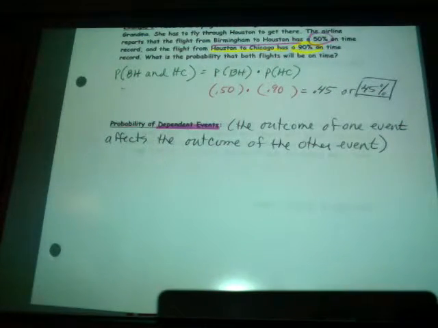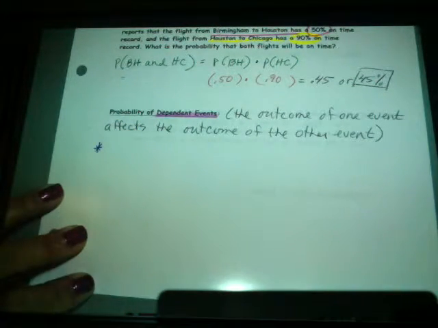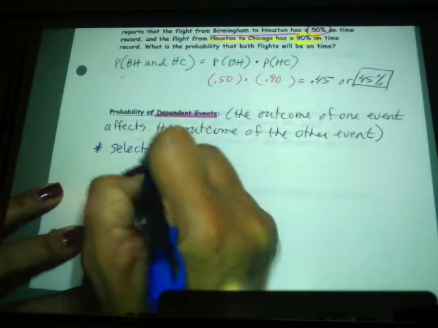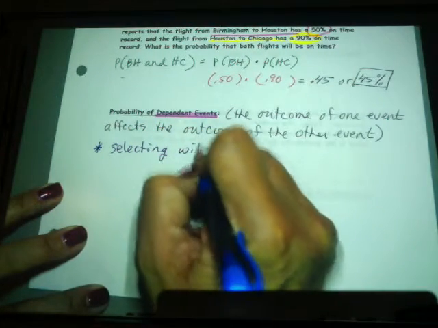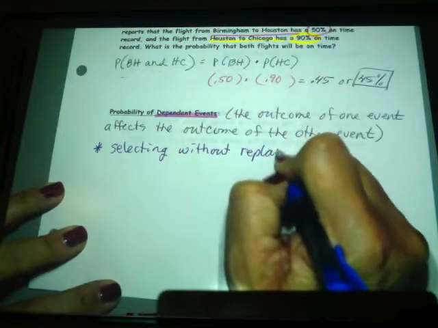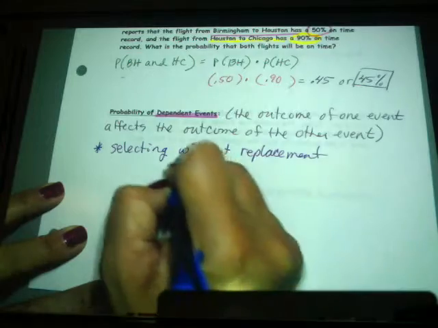We've already talked about some of these, but here's an example of a dependent event where we are selecting without replacement. So without is the key word.